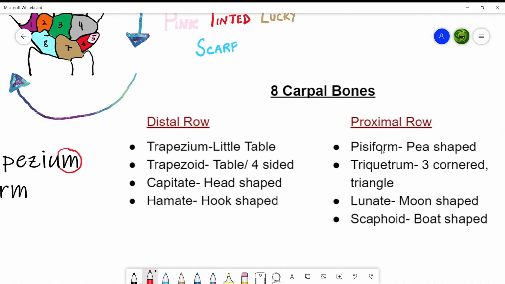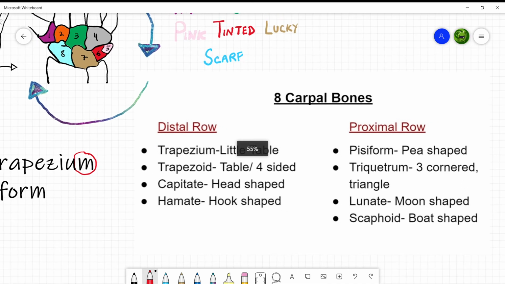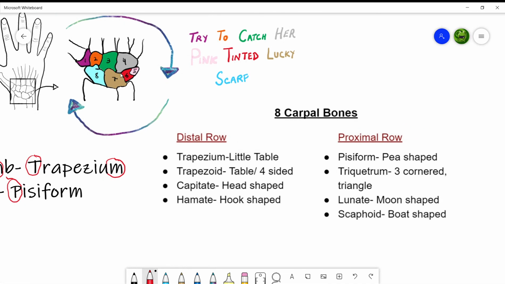And you can say: try, trapezium; to, trapezoid; catch, capitate; her, hamate; then again starts from the little finger side: pisiform, P-shape, pink; tinted, triquetrum; lunate, lucky; scaphoid, scarf.